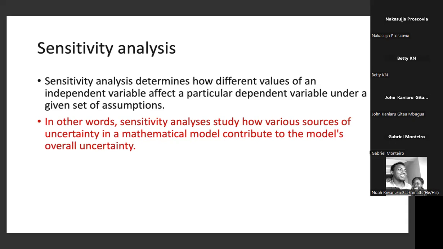So as you do that, you're trying to see how sensitive your model is to that one thing that you're looking at. In other words, you study how various sources of uncertainty in a mathematical model contribute to the model's overall uncertainty. If you're uncertain about death due to tuberculosis, how does it affect your model?